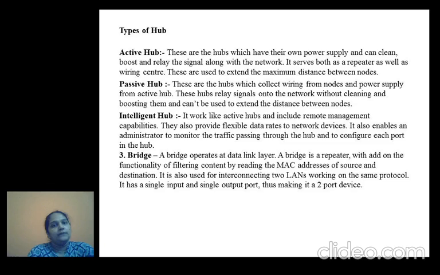Next, it is also used for interconnection of two LANs on the same protocol. When two LANs are working on the same protocol, they can interconnect with the help of the MAC address, and the MAC address is read by the bridge. It is a two-port device.